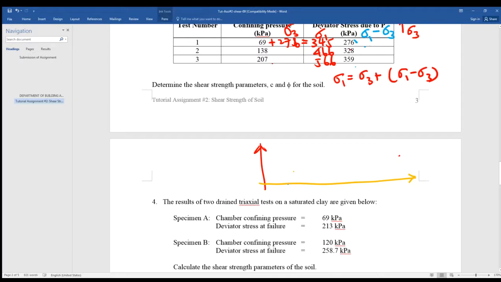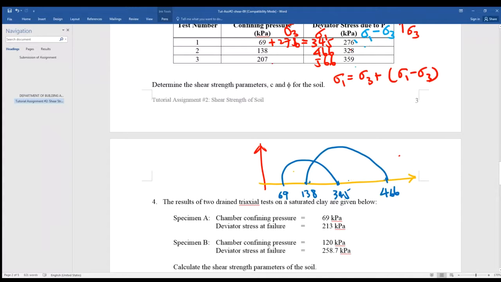The first Mohr circle: sigma 3 is 69, and sigma 1 is 345. So you draw this small circle. And the next one is sigma 3 equals 138, and sigma 1 equals 466. So you obtain another Mohr circle.